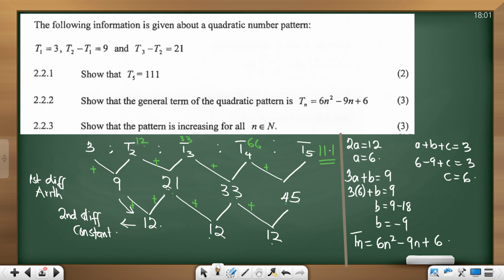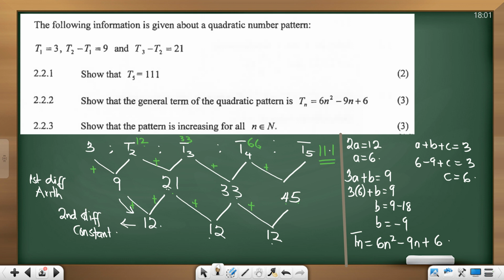Show that the pattern is increasing for all values of n. Okay, this might challenge you a little bit. Show that the pattern is increasing for all values of n. There are a few ways of getting this.